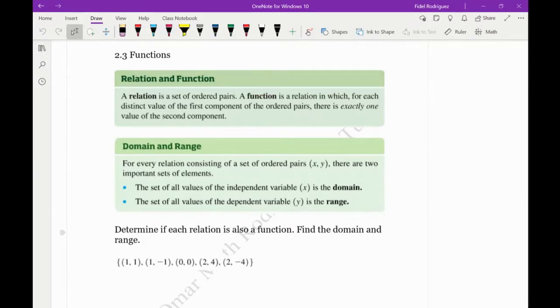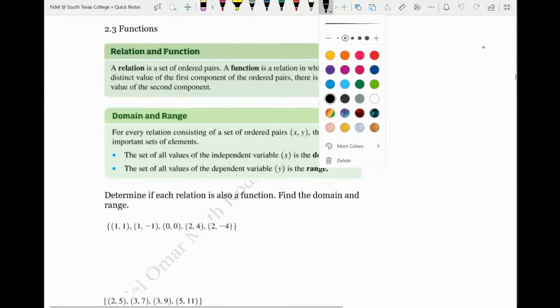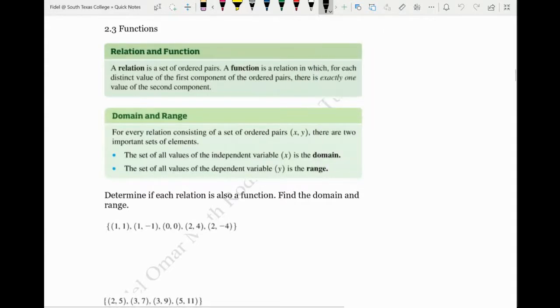We're going to see if we can't figure out some of these topics on functions. So the first part here says relations and functions. It just says a relation is a set of ordered pairs.